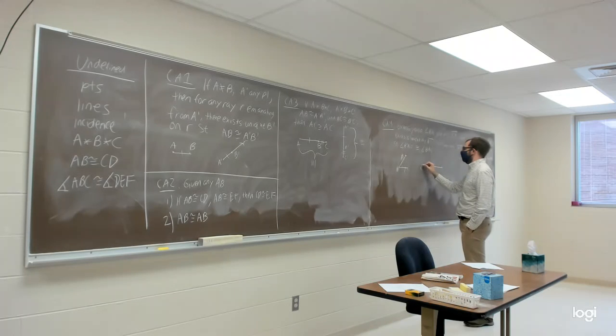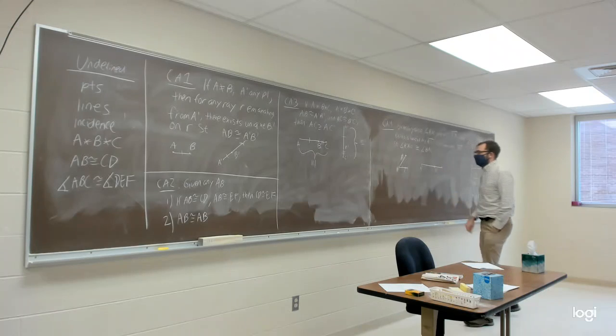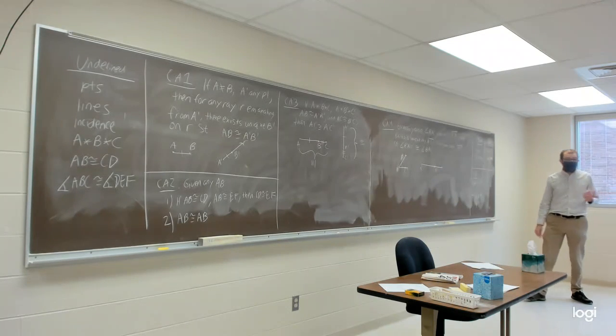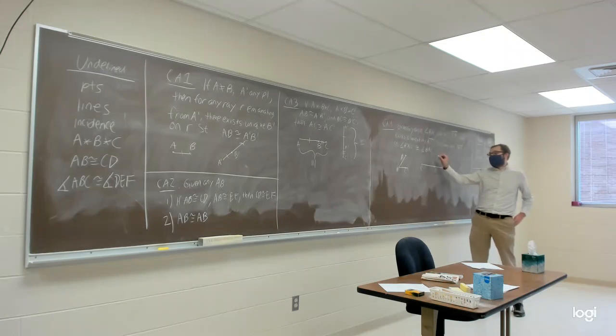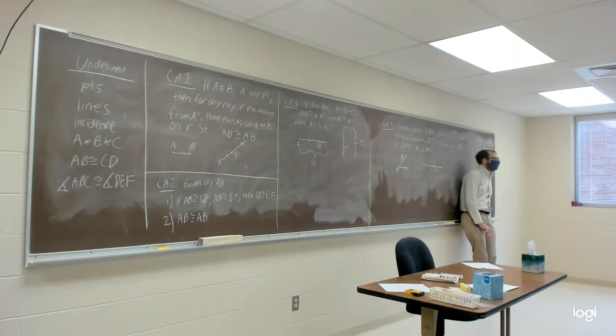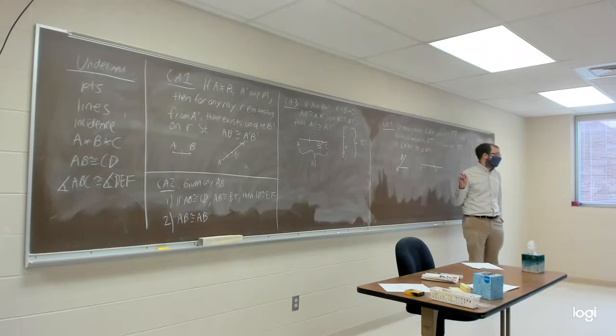So here we'll have a point A prime and B prime and some point over here. So what this is saying is pick a side of the line going between A prime and B prime.